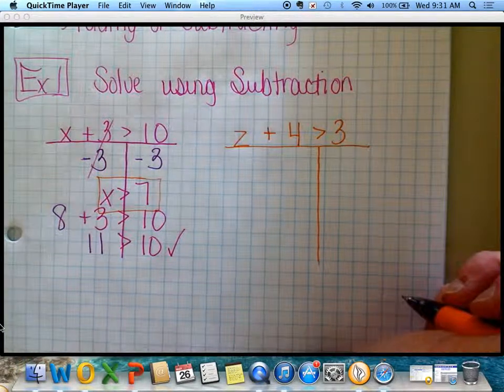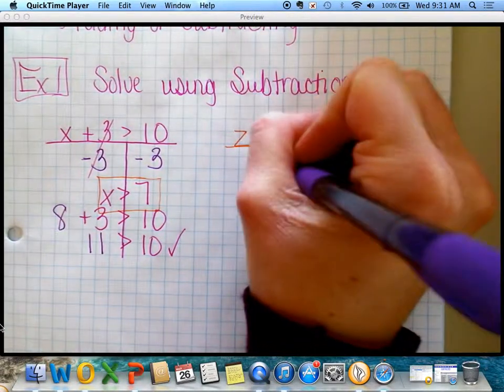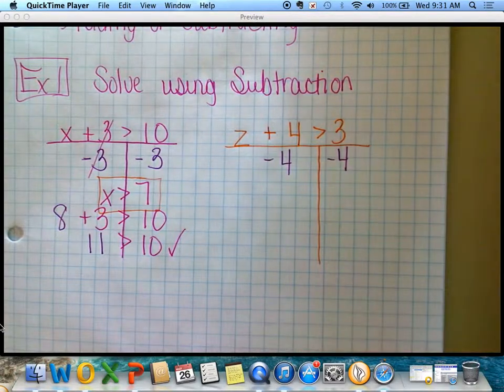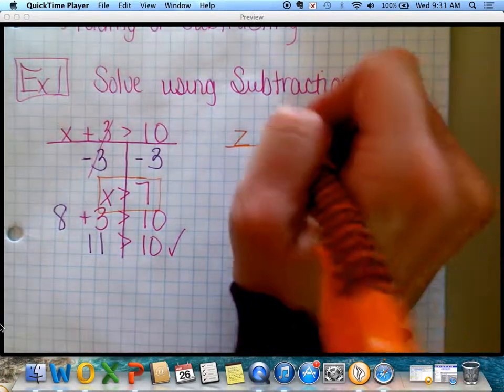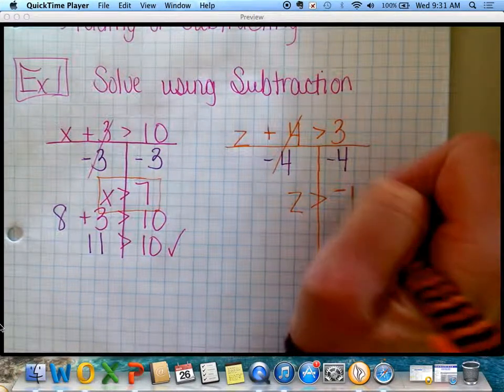If I'm adding 4, how do I undo adding 4? Subtracting 4. Therefore, these cancel out, and z is greater than -1.